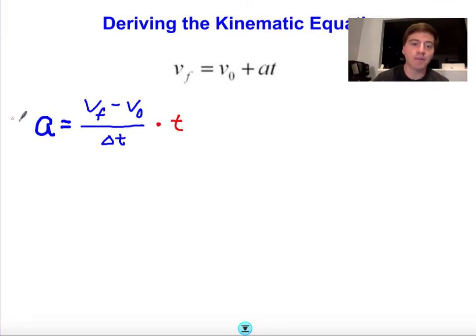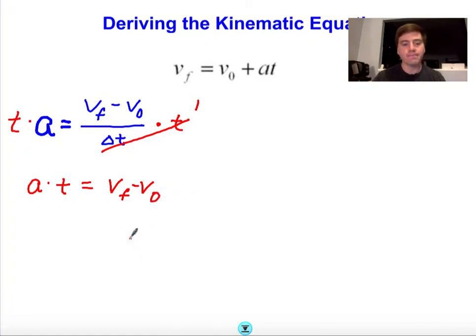I have to multiply both sides by time to get time out of the denominator. So time divided by time is just 1. So that leaves this alone over here, and I have acceleration times time equals the final velocity minus the initial velocity. Well, I'm solving for final velocity, so I'm just going to add initial velocity to both sides.